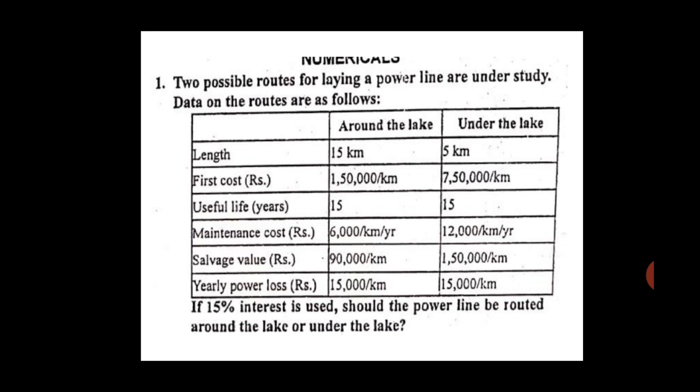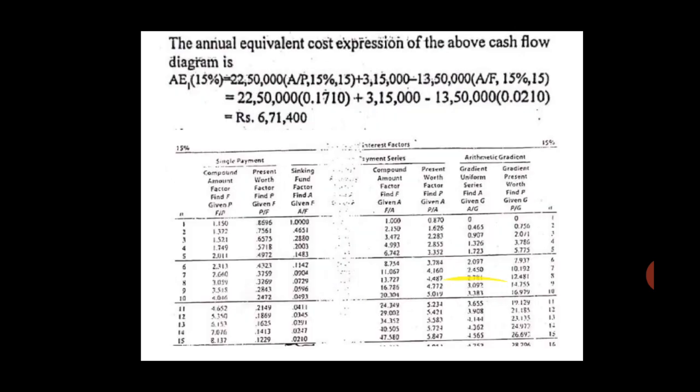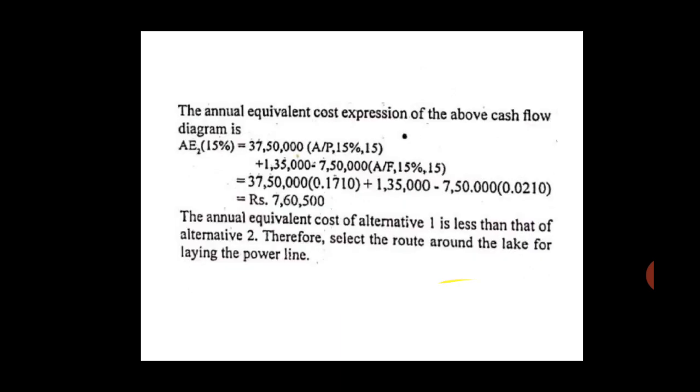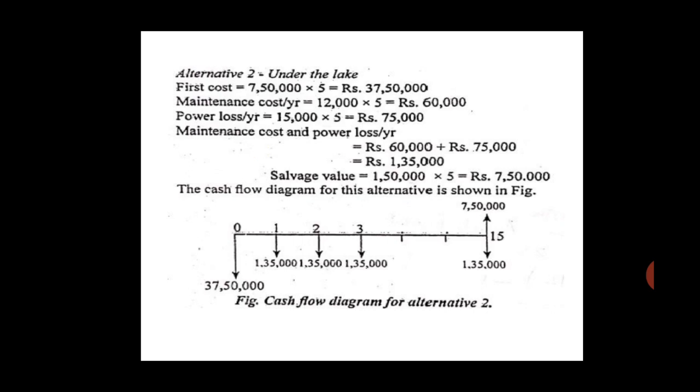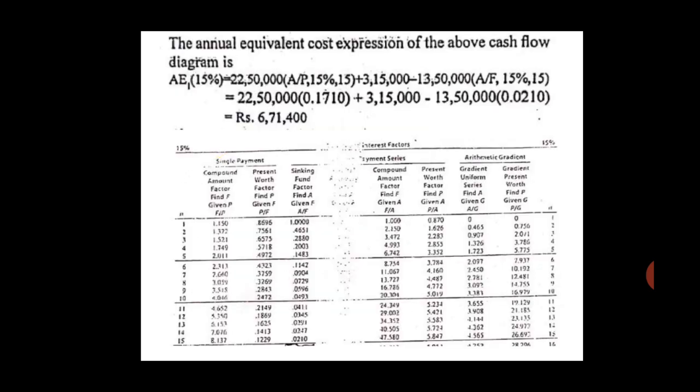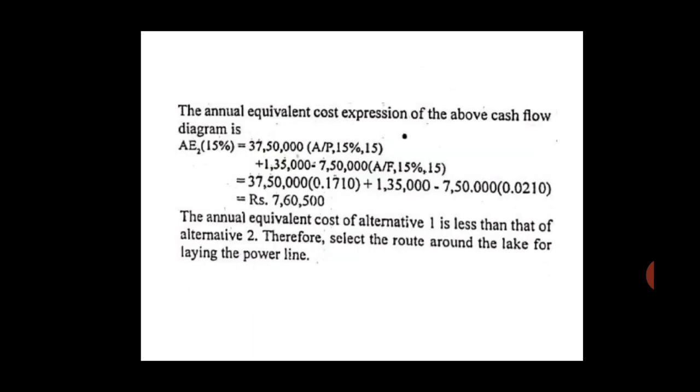So the least cost is for item number 1, that is around the lake, and that cost is almost 6,71,000 per year, whereas under the lake it is 7,60,000 rupees. So 6,70,000 rupees we are spending per year is better cost-wise when compared to spending 7,60,000 every year for 15 years.